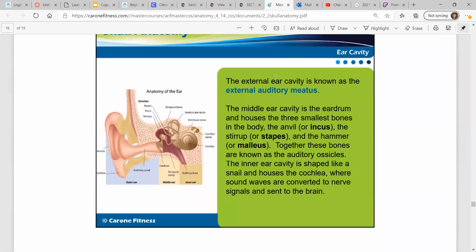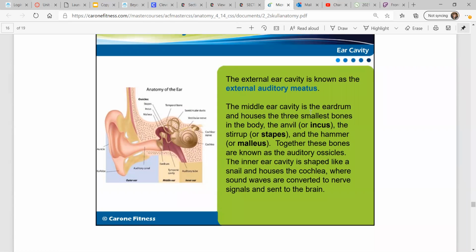The external ear cavity is known as the external auditory meatus. The middle ear cavity is the eardrum and houses the 3 smallest bones in the body. If you remember the anvil or incus, the stirrup or stapes, and the hammer or malleus.